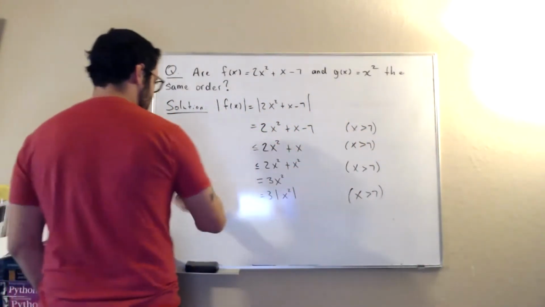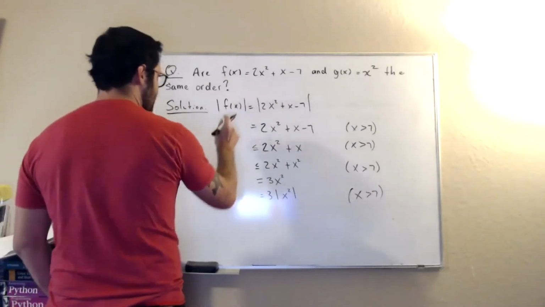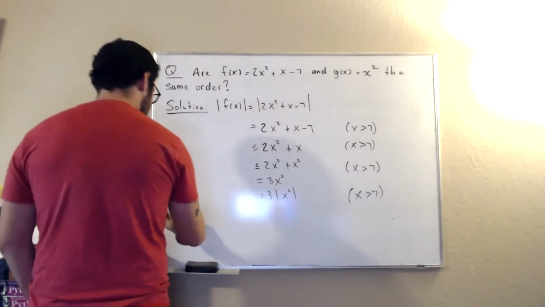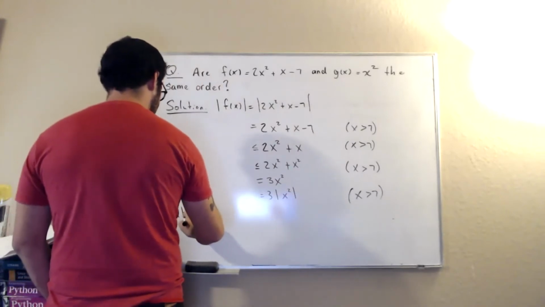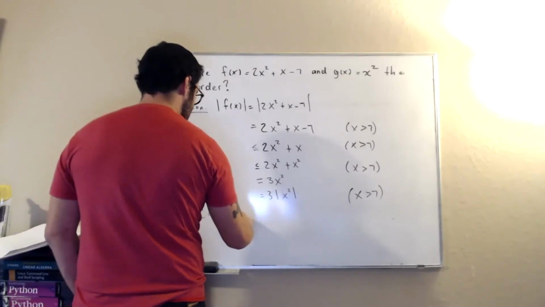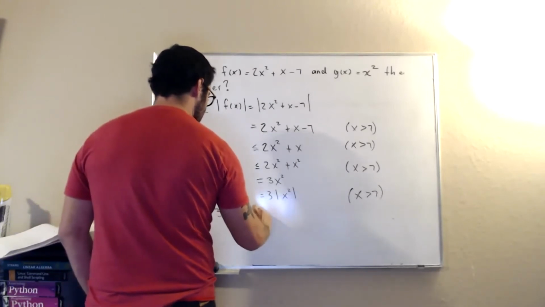So we're not done with the question, but we've shown that f is big O of g of x. We take c equal to 3 and k equal to 7.